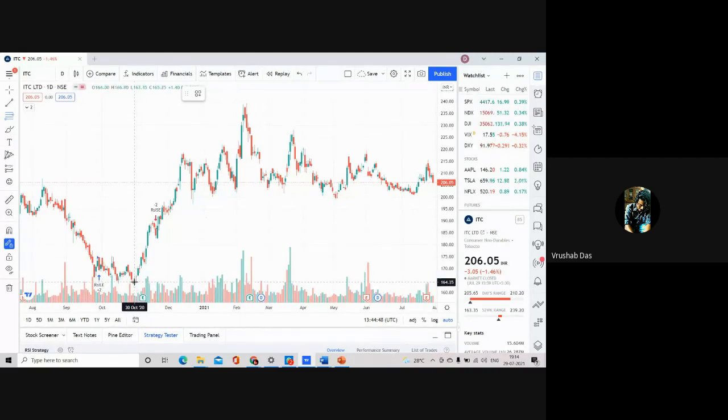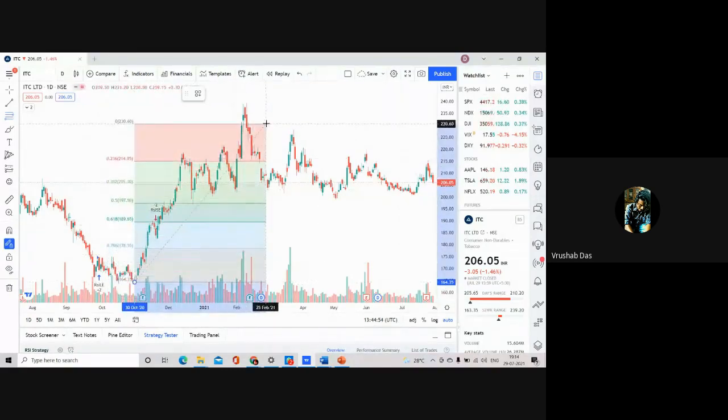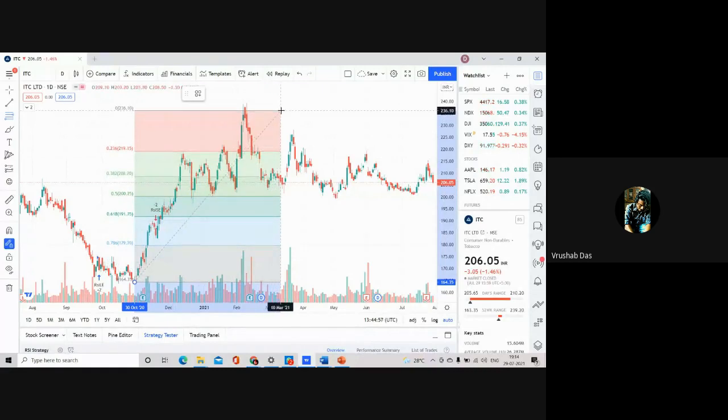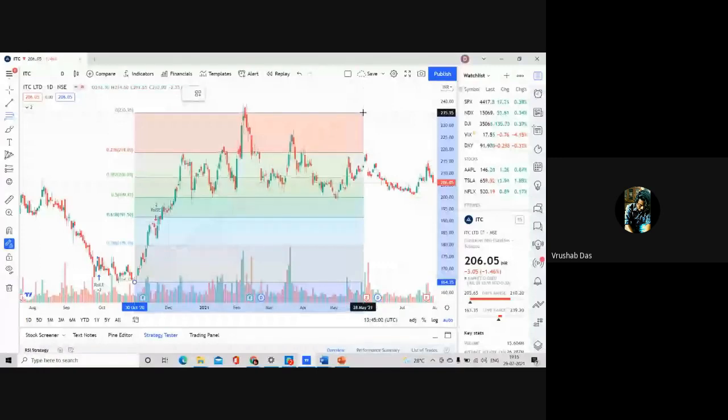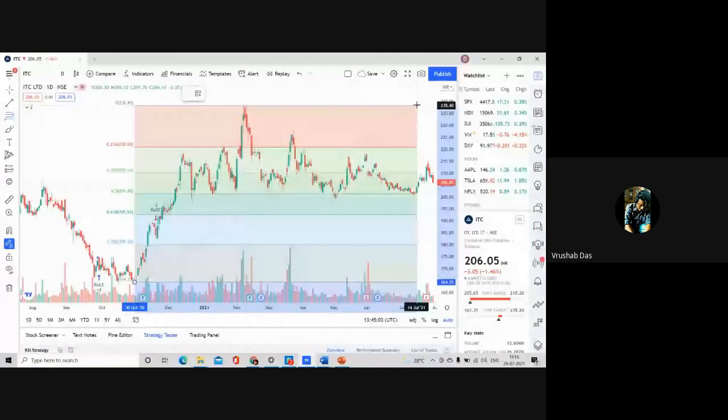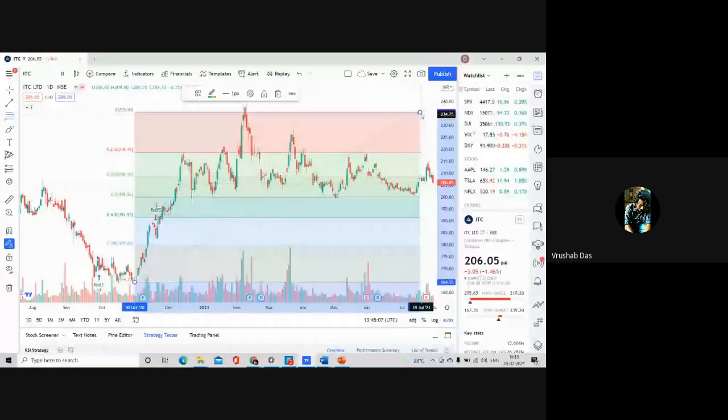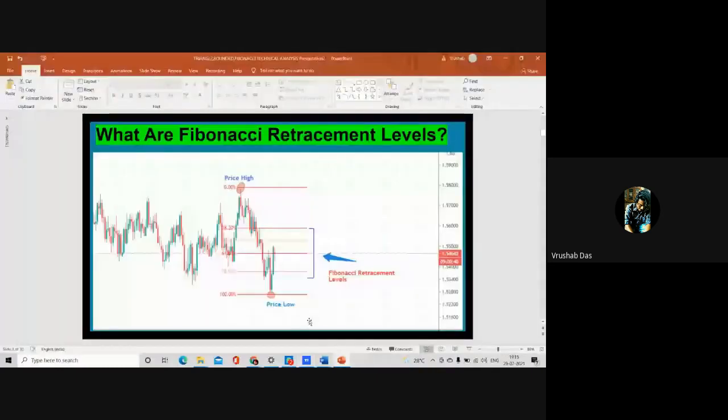From the low, extend it to the higher point of the real body, not on the lower shadows or upper shadows, only the body. This is how you can draw the retracement level for the Fibonacci retracement.